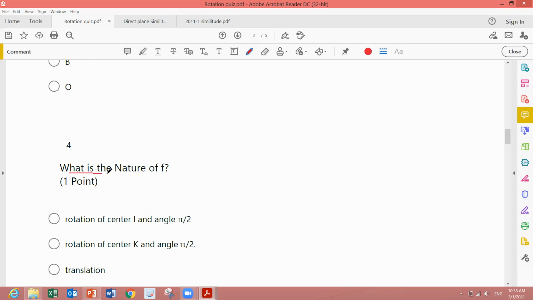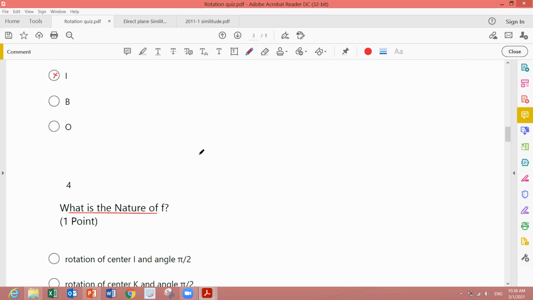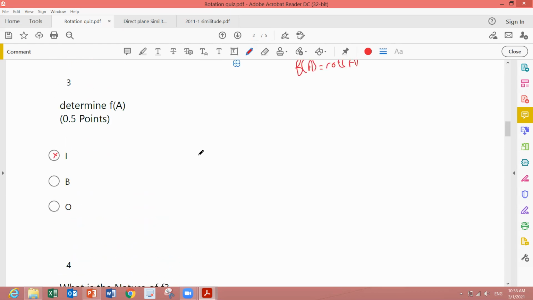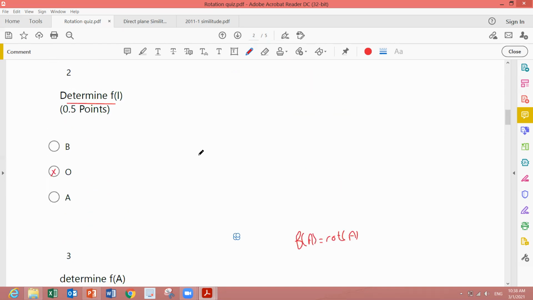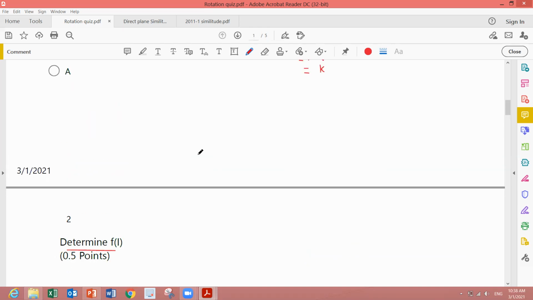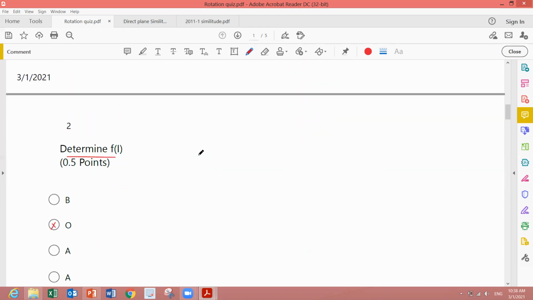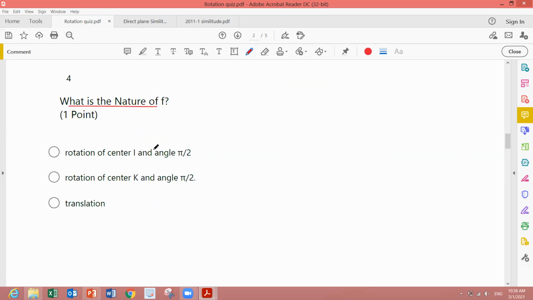What is the nature of F? Haikaz, what do you want to ask? Nothing. خلاص. Rotation composite. The translation is the rotation. What is the nature? Rotation of center I angle pi over 2, or rotation of center K angle pi over 2, or translation?